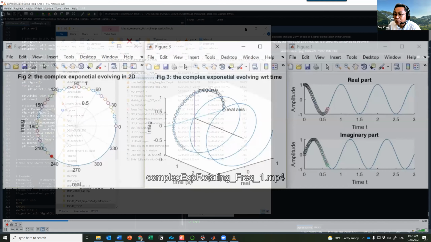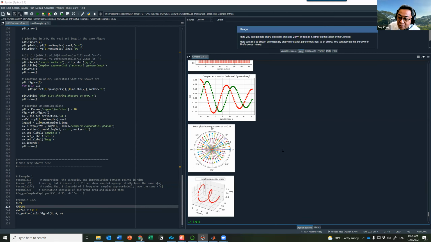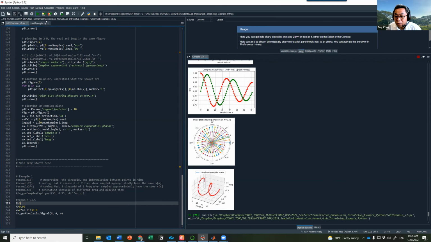Okay, so now I would take questions. The student asks, how do I know whether the thing is spinning anti-clockwise or clockwise? Okay, I'm going to plot for you only 3 points, N equals 3. I'm going to run this code.